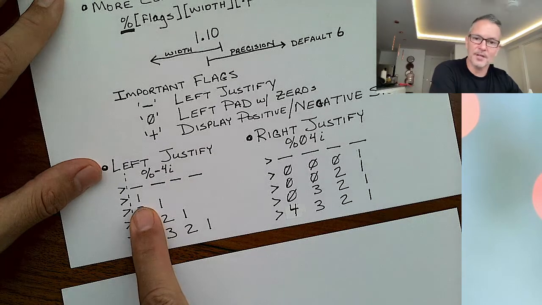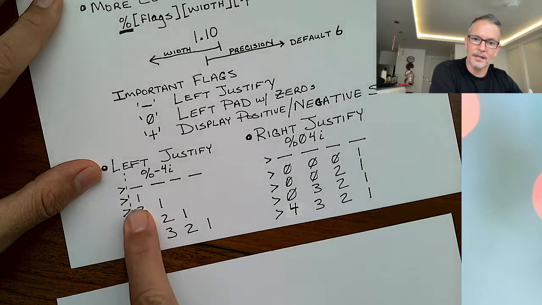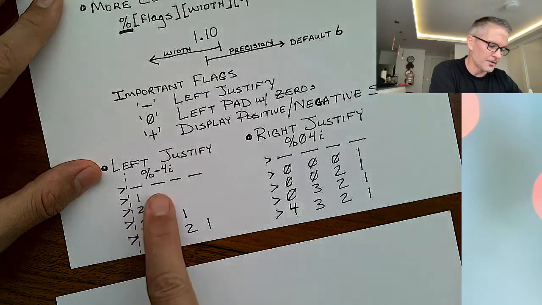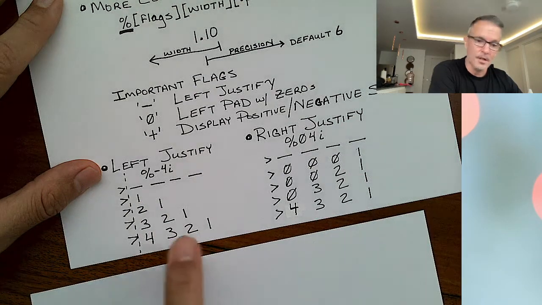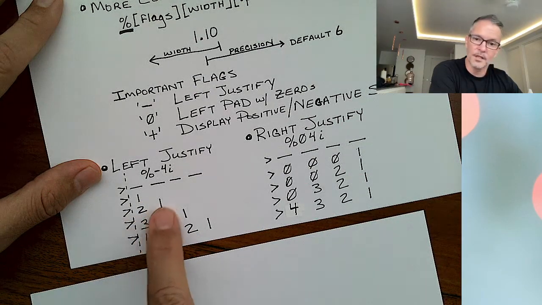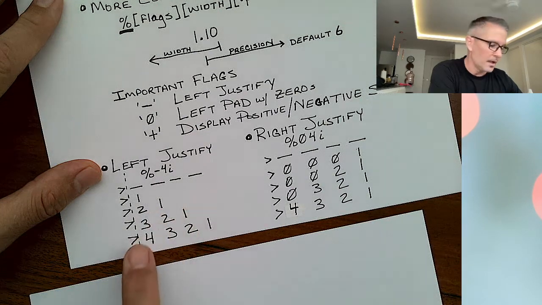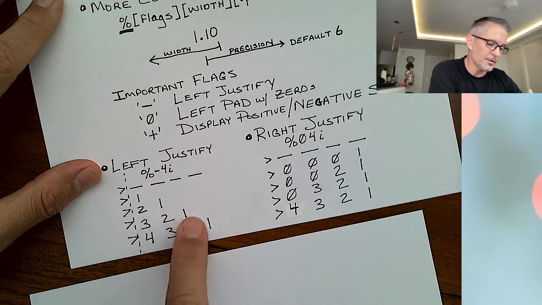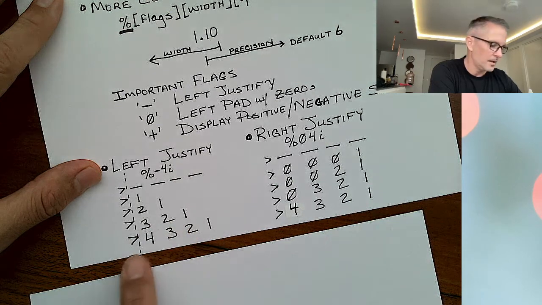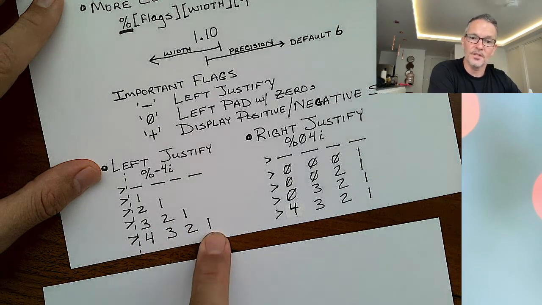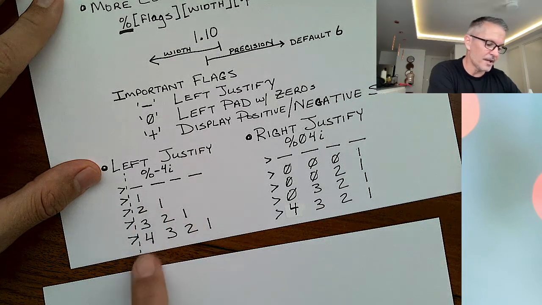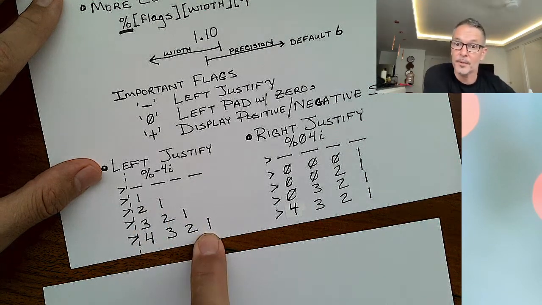So if I asked it to print out the number 1, it would print a 1, and then there are 3 spaces after the 1 that will be output onto the screen. 21 will be 2, 1, and 2 spaces will get printed. 321, and a space will be printed. 4,321, all 4 digits, the spaces allotted are completely used up by the number.